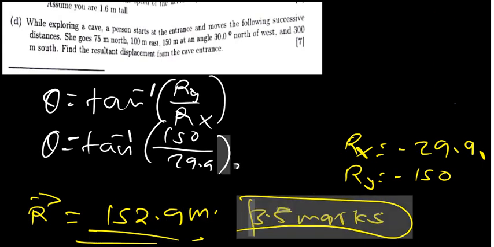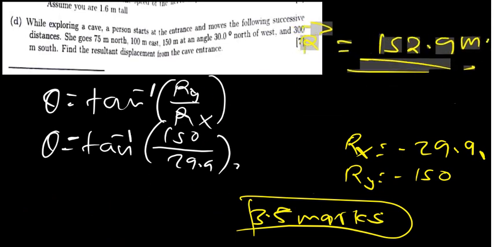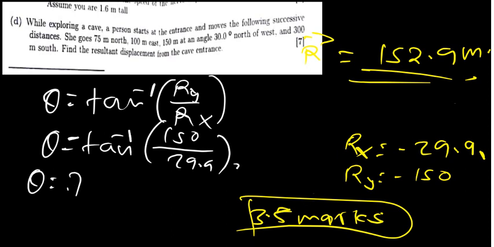Come again? 78.726. So theta is 78.726 degrees.